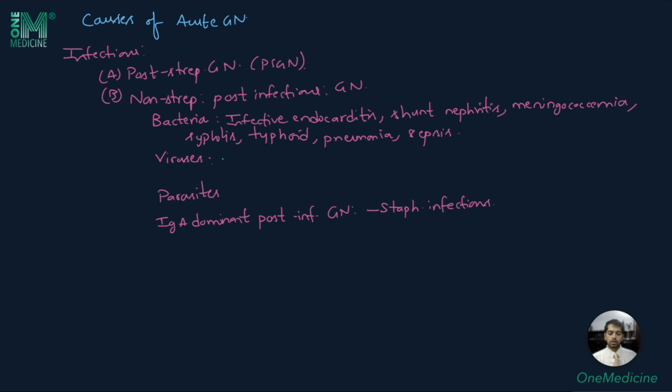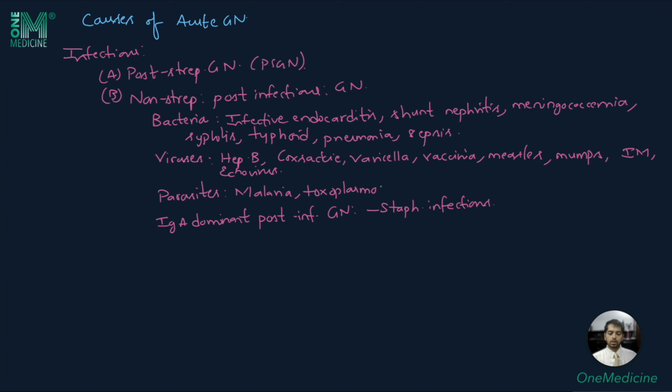Viruses that are implicated in the development of acute glomerulonephritis include hepatitis B, Coxsackie virus, varicella, vaccinia, measles, mumps, infectious mononucleosis, and even echovirus. Parasitic infections that are implicated include malaria and even toxoplasmosis.